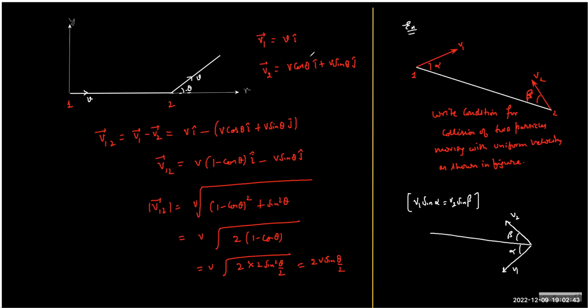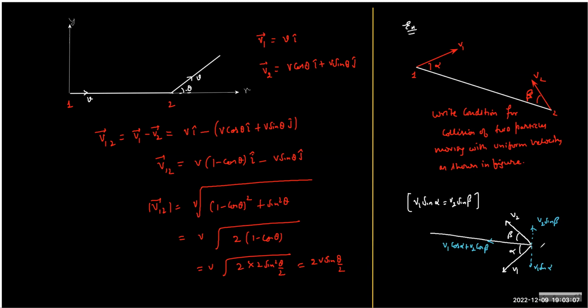So what you are supposed to do is resolve it. So V1 cos alpha. So if you resolve the velocity this way, it will add up. And this way, V2 sin beta and V1.